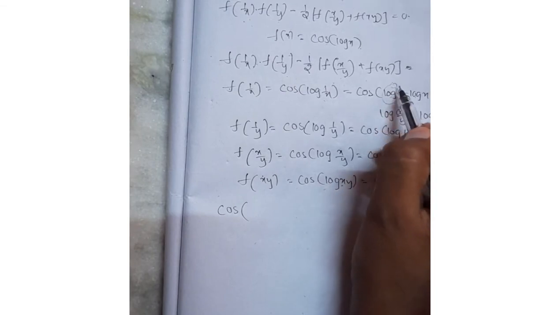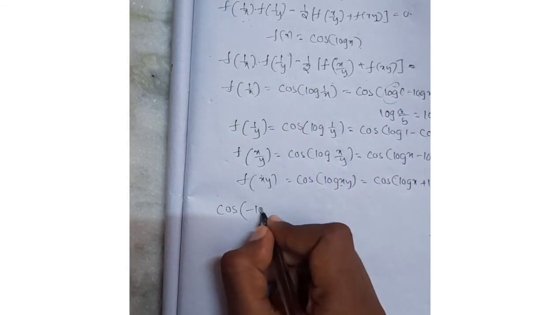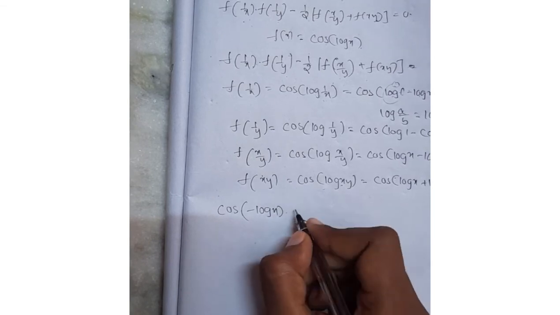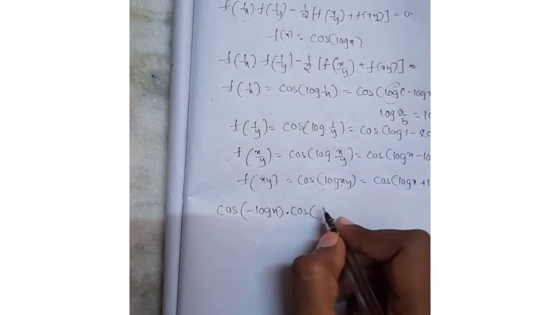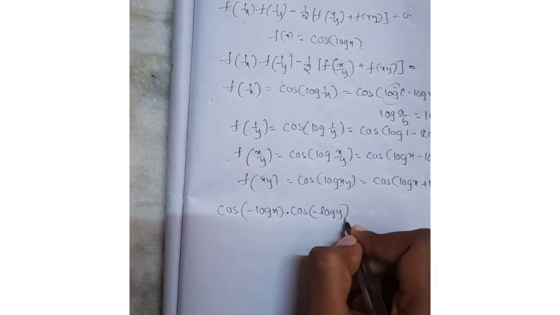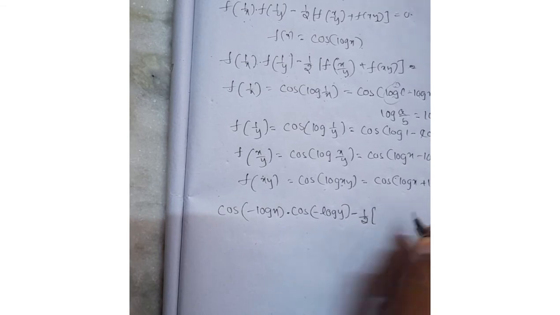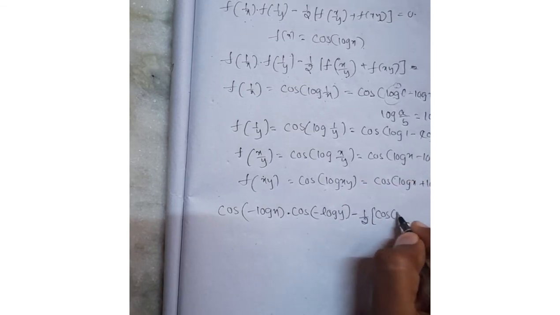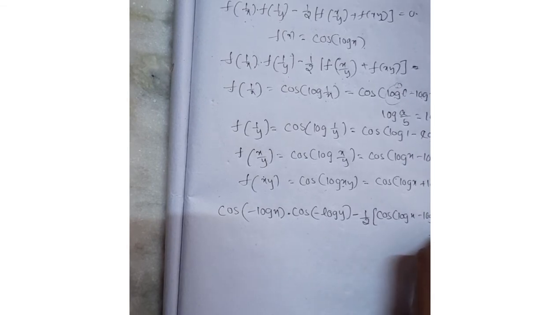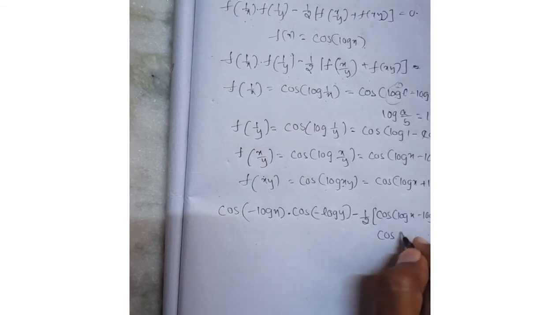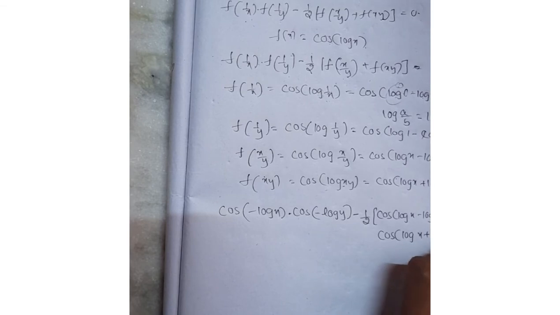So here it is cos of 0 minus log x into cos of 0 minus log y, minus 1 by 2 of cos of log x minus log y plus cos of log x plus log y.